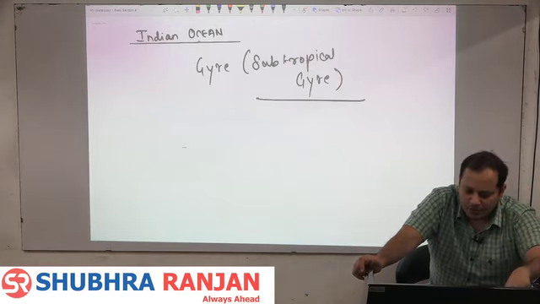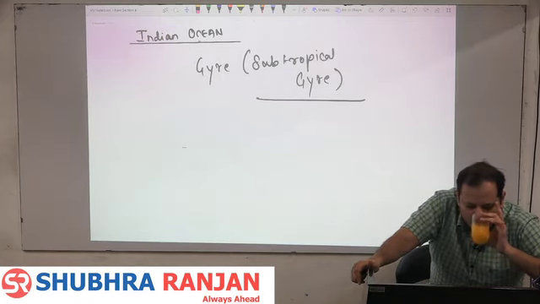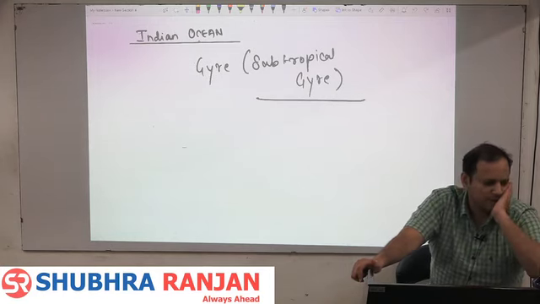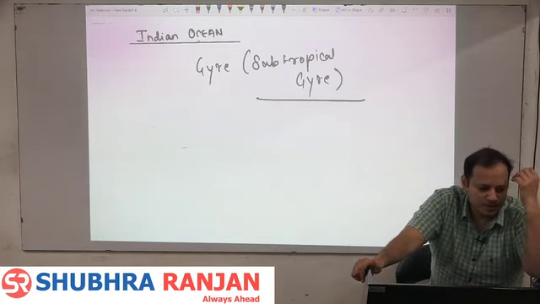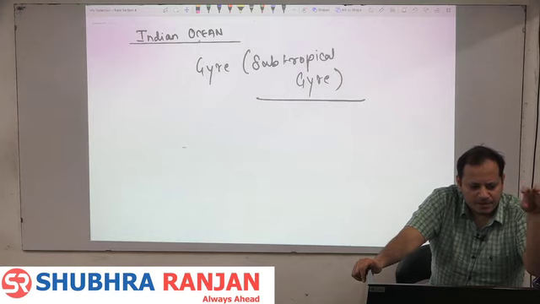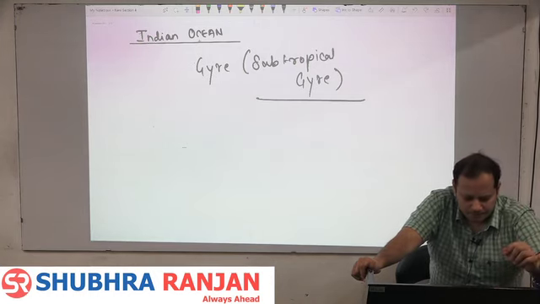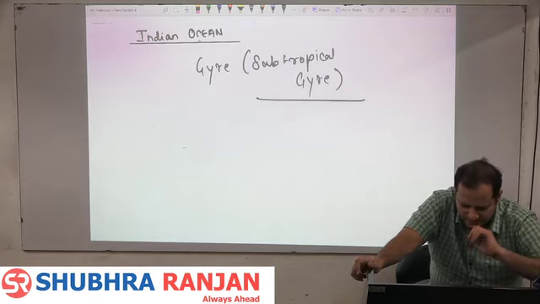Next point, out of numerous factors forming the ocean currents, density differences due to temperature gradient.